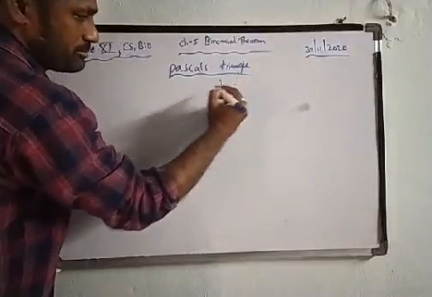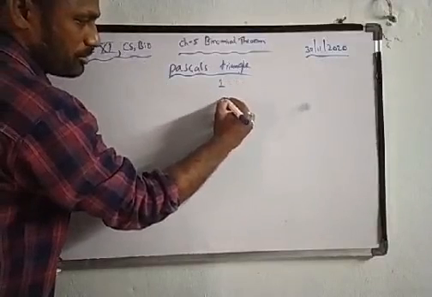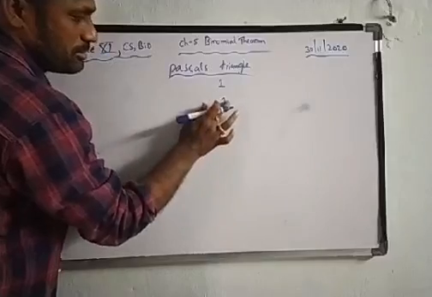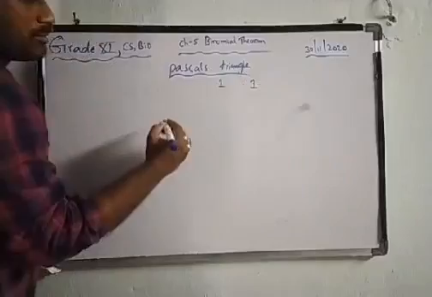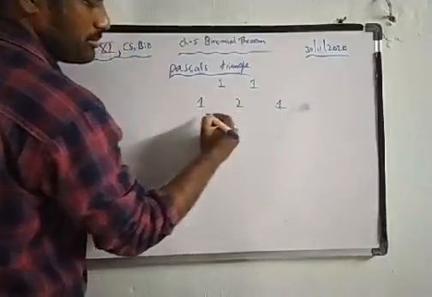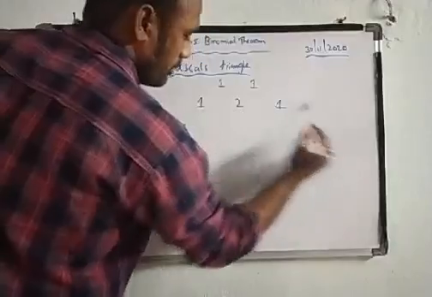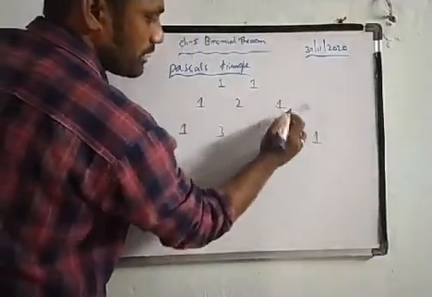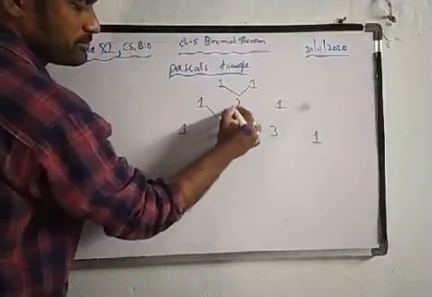So first is 1, next 1, 1. As such we are going to write next 1, 2, 1. Next 1, here 1, 1 plus 2 is 3, 2 plus 1 is 3. We can write like this.